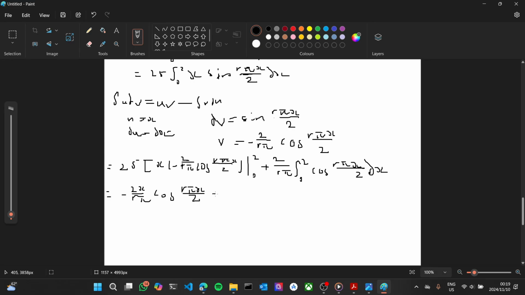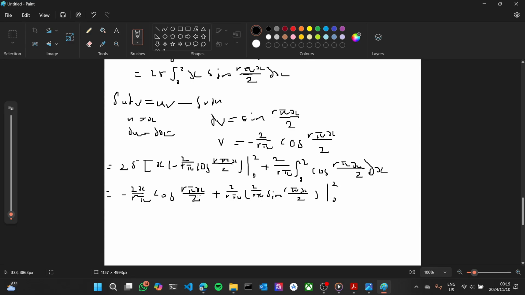Plus 2 over r pi multiplied by, this integrates to 2 over r pi sine r pi x over 2, and that is from 0 to 2.